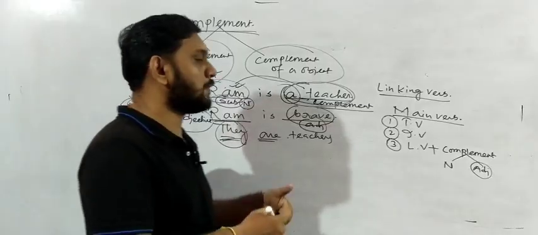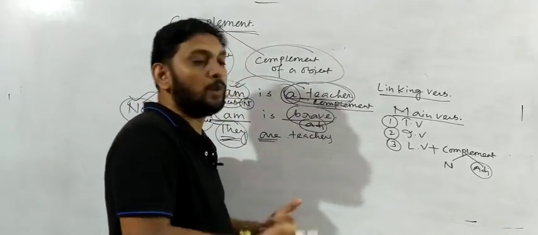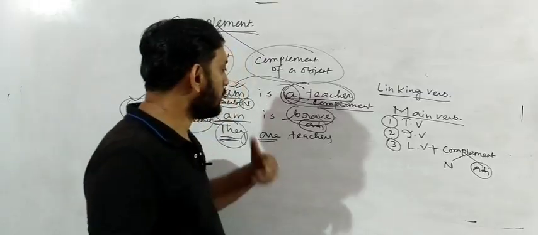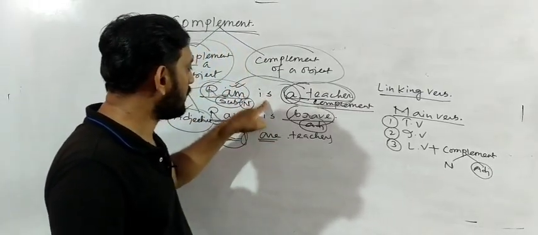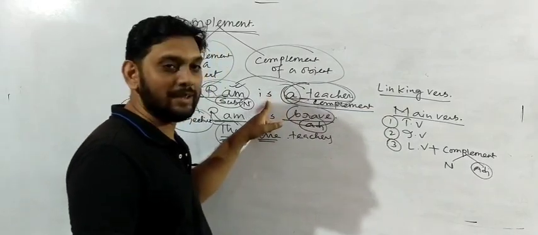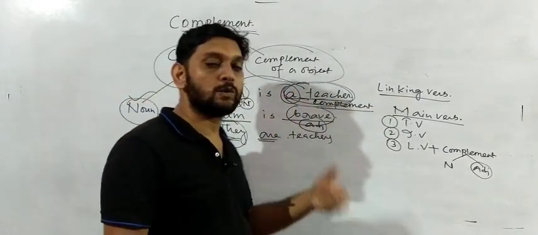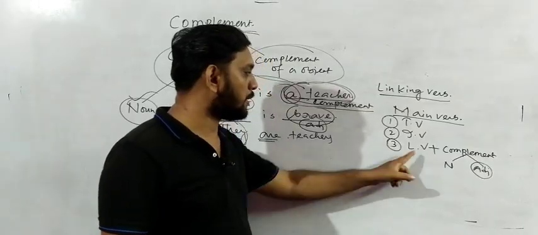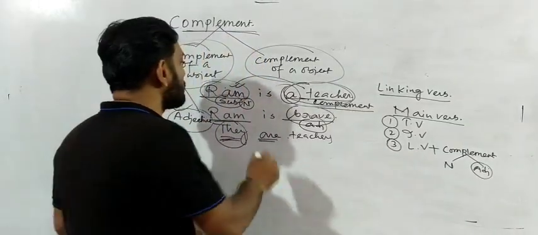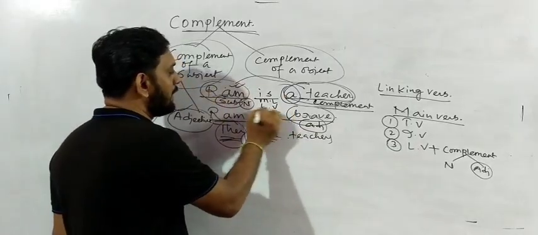So we have to call it a main verb. But if we want to go deeper into this topic and know more about this verb, you can see we call it a main verb. What is the role of this is? It acts as the main verb of the sentence. But if you want to know more, we can also call it a linking verb. Why do we call it a linking verb?